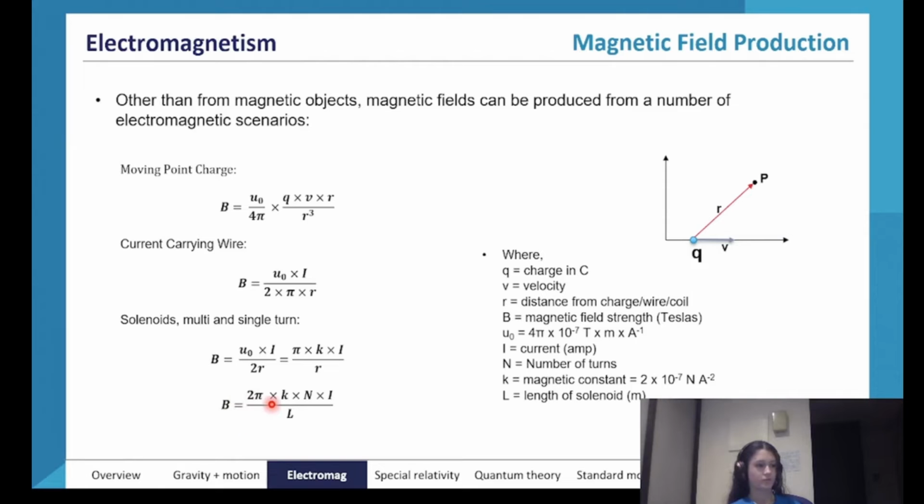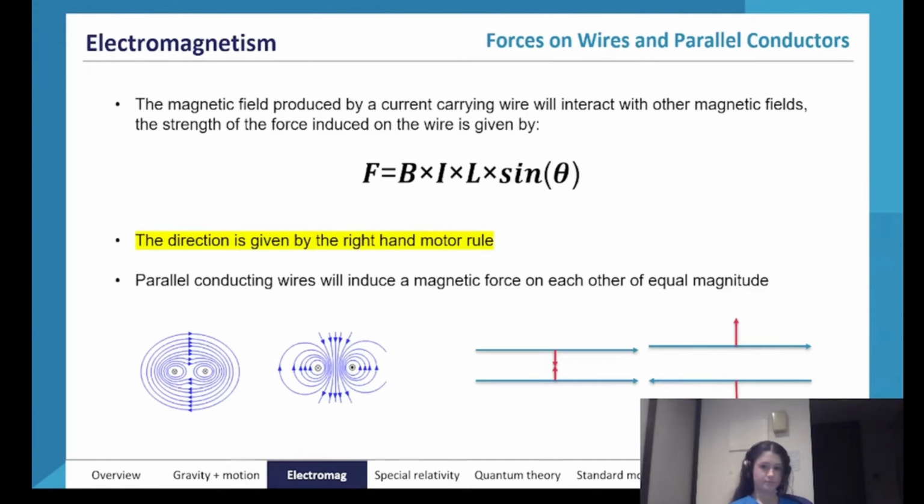So we're going to have 2 pi times K, our magnetic constant, multiplied by the number of turns multiplied by the current through the solenoid divided by the length of the solenoid. Okay, now we are getting onto forces on wires and parallel conductors.